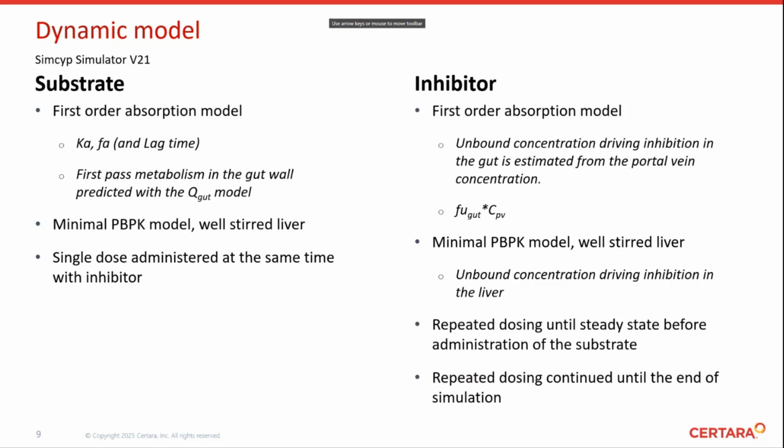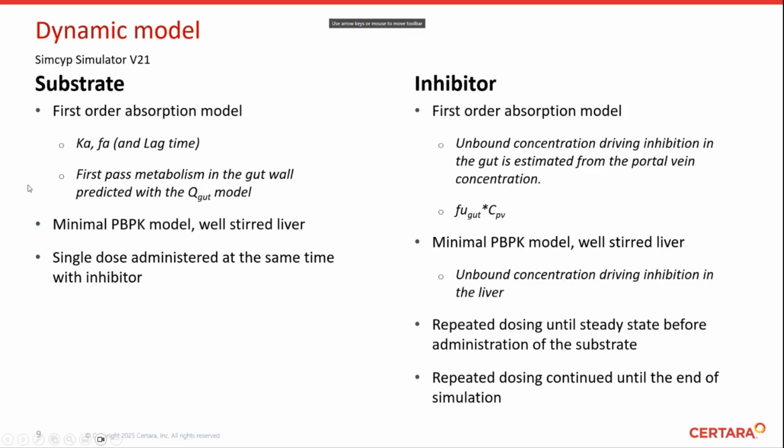For the dynamic model, the Simcyp Simulator version 21 was used. The substrate first order absorption model was used there, so the parameters going in are the absorption rate constant and the fraction absorbed, and lag time also, but that was set to 0 in all of the cases, both substrate and inhibitor.